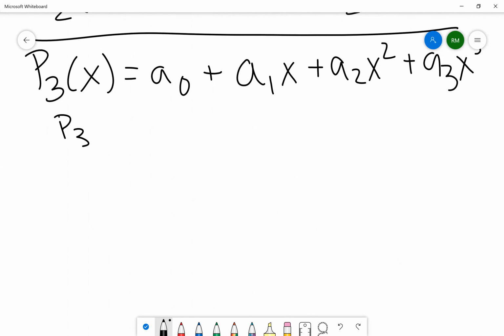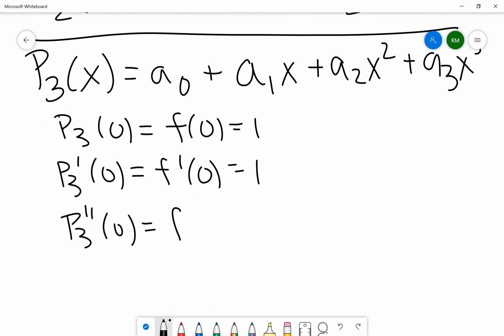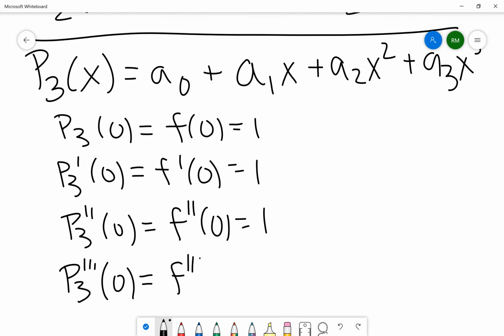I know that P3 of 0 is f of 0, which is 1. P3 prime of 0 is f prime of 0, which is 1. P3 double prime of 0 is f double prime of 0, which is 1. And now I need the third derivatives to also be equal. And that's also equal to 1. So I want you to pause the video and solve for A1, A2, and A3.